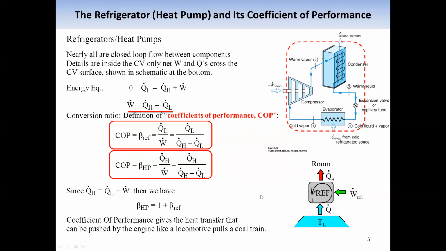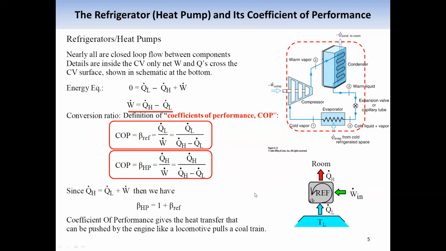Then we define two important quantities related to refrigerators. The first one is called coefficient of performance, or COP. There are two types of COPs. One is related to the air conditioner heat transfer to the work.